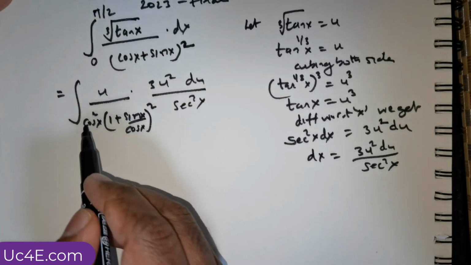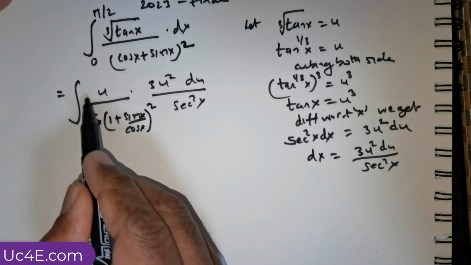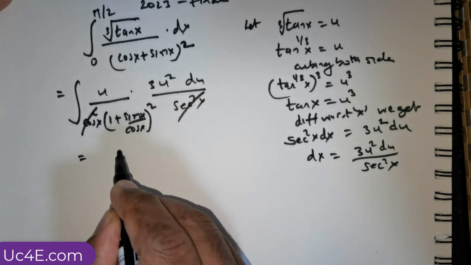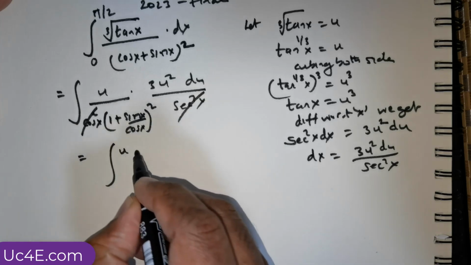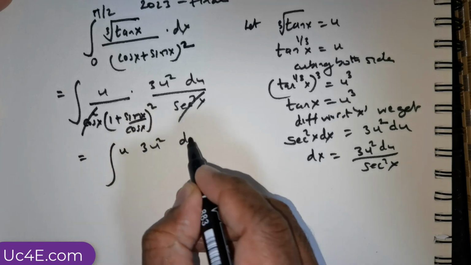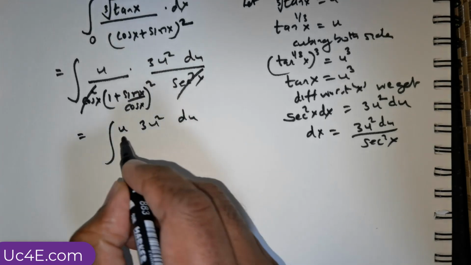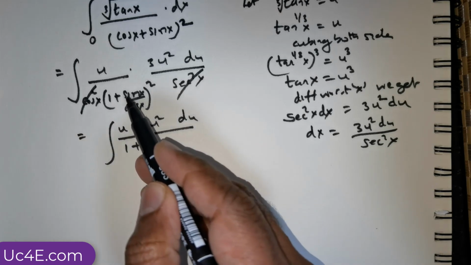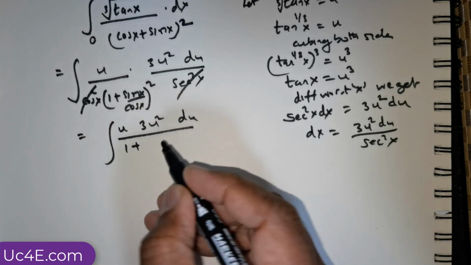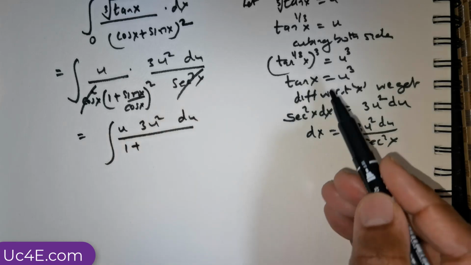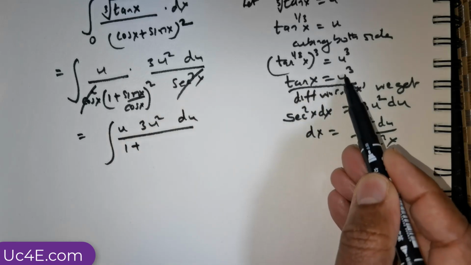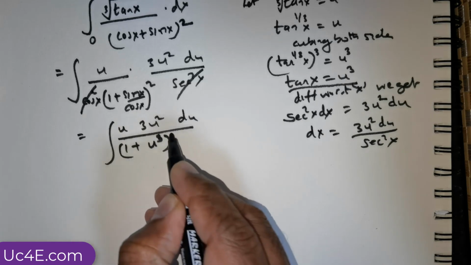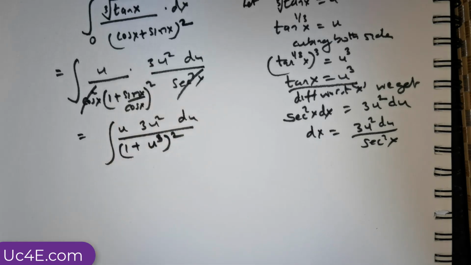Now 1 over cos squared x can be rewritten as secant squared x. So this and this cancel, giving me u times 3 times u squared du over 1 plus sin x over cos x. Sin x over cos x is tan x, and tan x is nothing but u cubed. So I can substitute u cubed there and raise it to the power of 2. So this is what I've got.